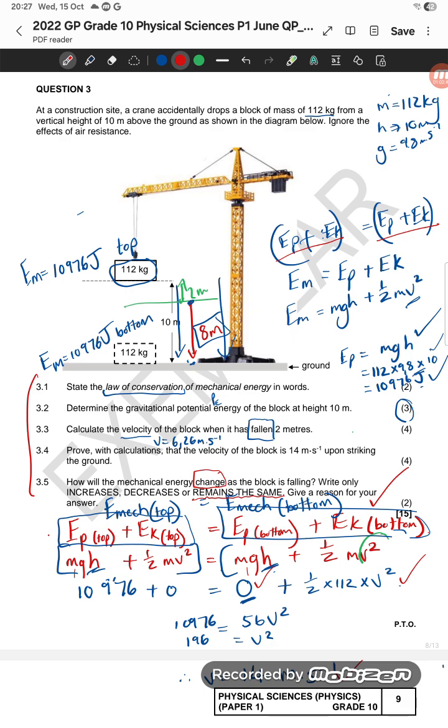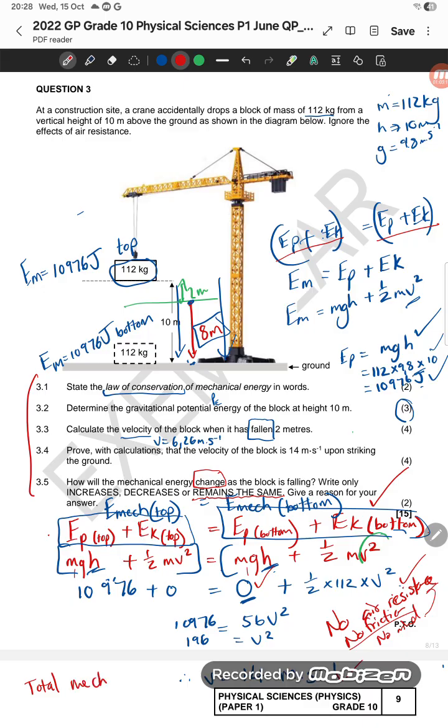Total mechanical energy, in a system like that, when they say there's no friction, no air resistance, no wind, which is a kind of air resistance, then you're in a closed circuit or an isolated system, and therefore it's conserved. So you can say no air resistance or no friction, and the total mechanical energy is conserved.